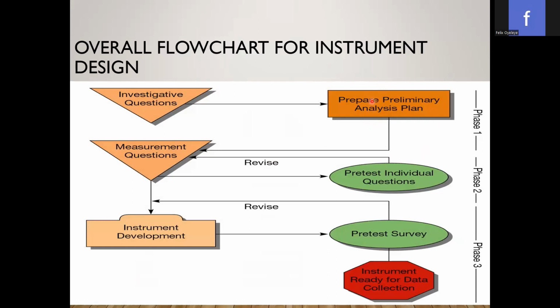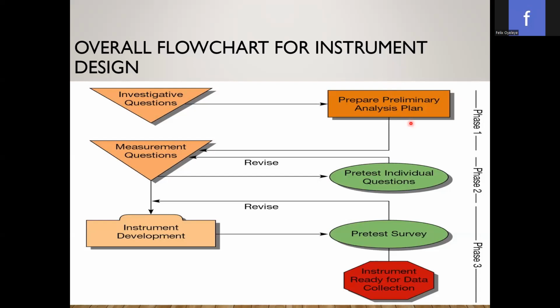Now, it's important we have an overview of the flow chart of how to actually design your instruments. There are some of what I've said that I need to quickly put in perspective. The investigative question is your research question we discussed earlier. From your research question, you want to do the preliminary analysis of your plan on that instrument.